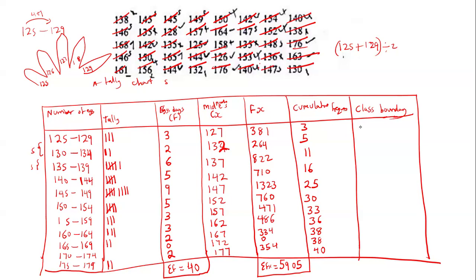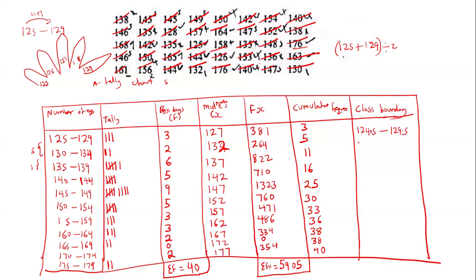I wanted to take you through the class boundaries. The first one is 124.5 to 129.5.